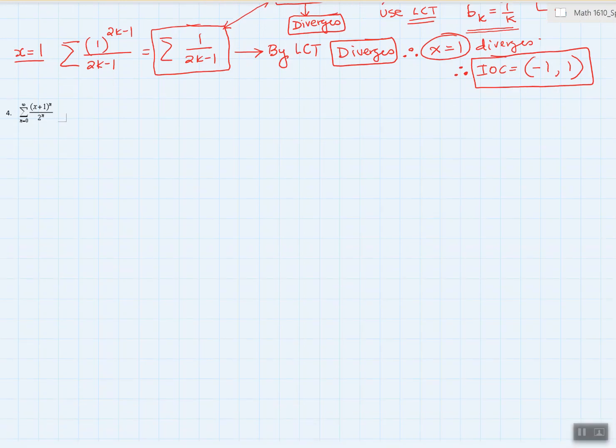Now let's go to the next power series. Same idea, ratio test. So let's find this ratio.